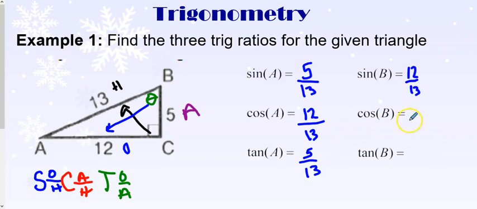Cosine is A over H, so my A was 5, my H is 13. Tangent is O over A, so 12 over 5.